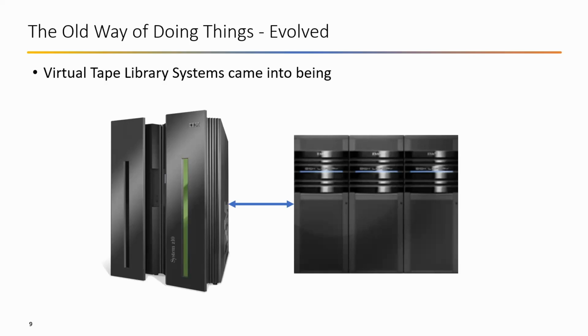And virtual tape, of course, is backed by disk. And so those came into being, and the performance was great. The speed at which you could perform backups increased. The performance gains you got for recovering data, doing restores of that data, were that much faster.